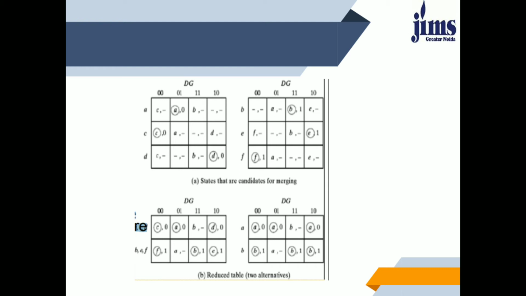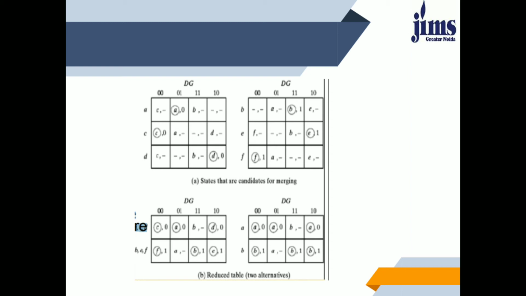Because in these the outputs are either all 0 or all 1. So I am separating them according to their outputs. Two maps are generated and we will merge these maps. After reducing, how many states can be made? One state will be ACD and another state will be BEF.